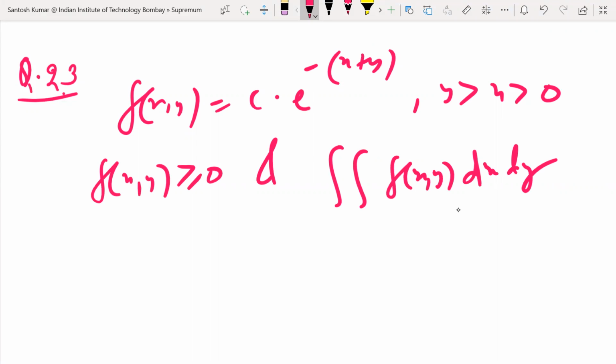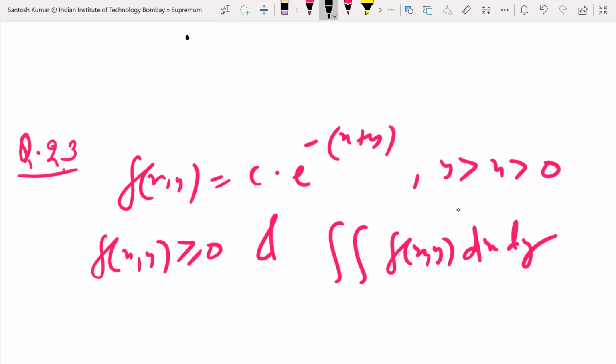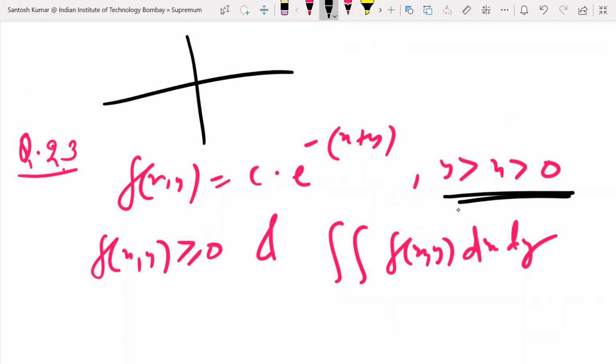So we can make a graph to see the limits. Here y is greater than x, which is greater than 0. The line y = x is this line, x = 0 is the y-axis, and y is more than x. So this region is the support of this PDF.